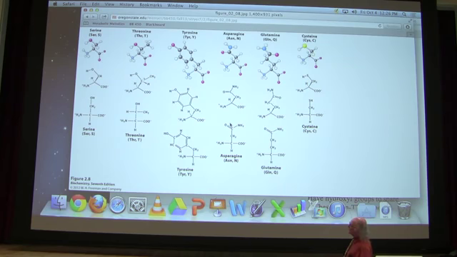Here's a hydroxyl. Here's a hydroxyl in the R group. Here is a hydroxyl in an R group. Here is a carboxamide in an R group. Here's a carboxamide in an R group. And here's a sulfhydryl in an R group. We'll see that the sulfhydryl in the R group can actually lose its proton and become an S-, which makes it very much like water.